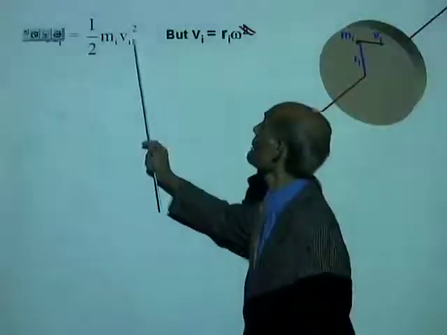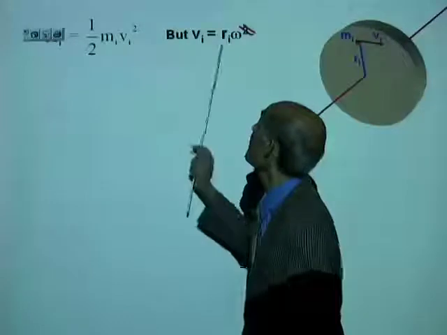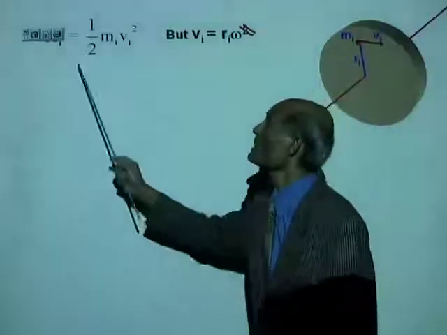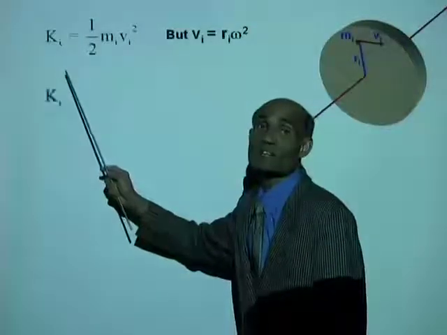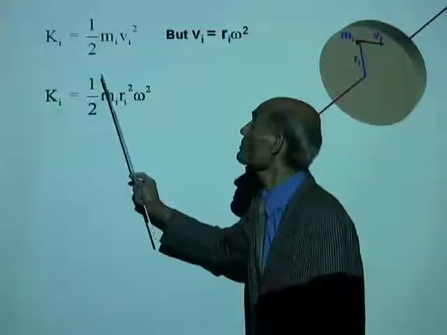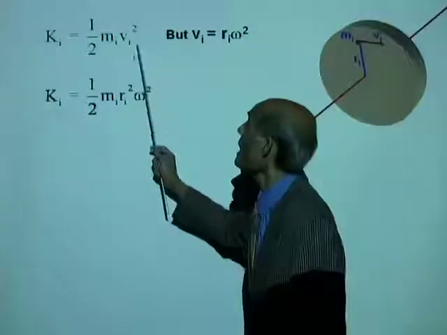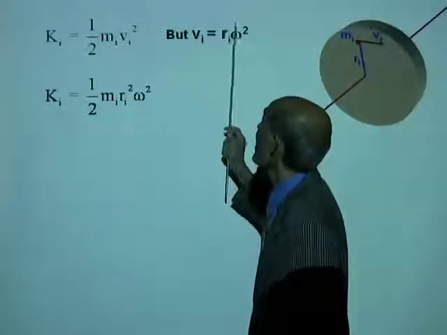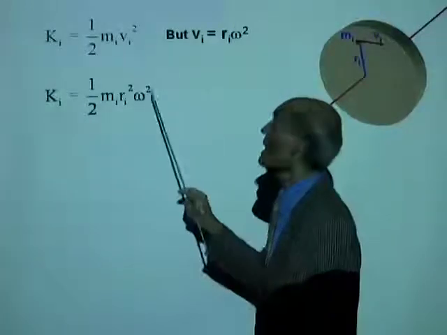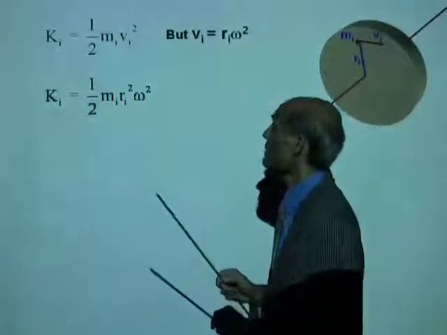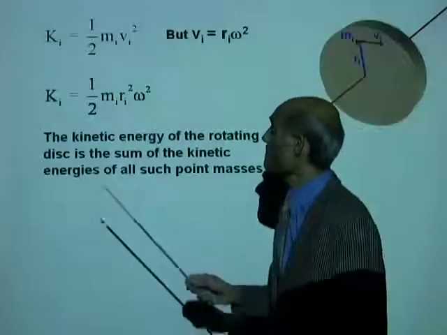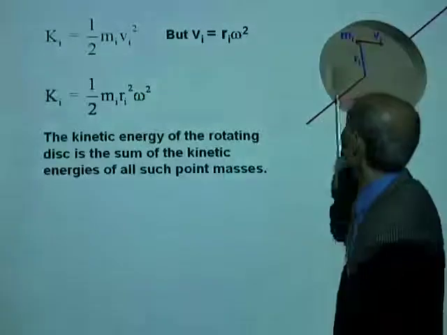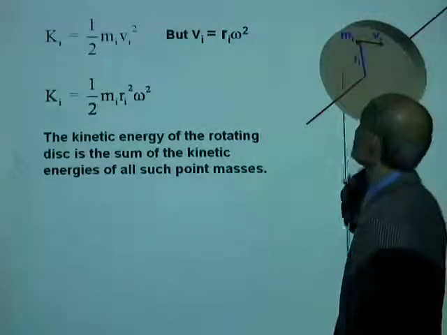So if you now replace this vi by ri omega, what will be the expression for kinetic energy? Ki now equal to 1/2 mi, vi squared becomes ri squared omega squared.